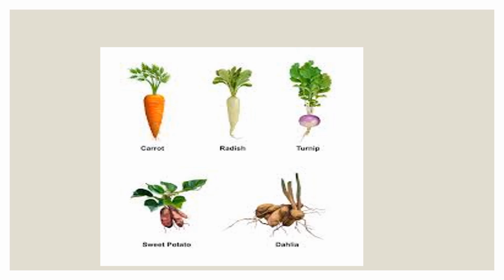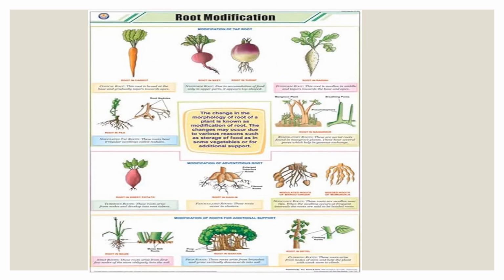I want you to try to identify each one of them: which is a tap root and which is a modified adventitious root. And here this picture shows you all the root modifications.